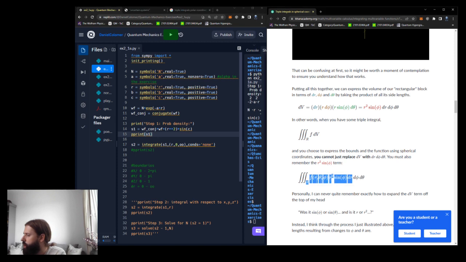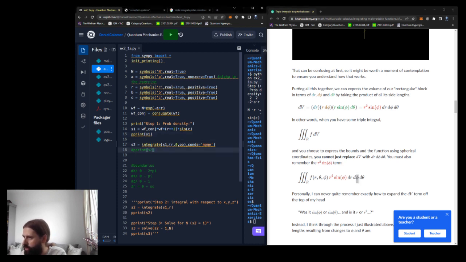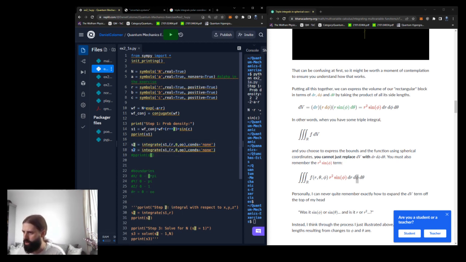Then we're doing the integration on c, which is basically essentially S3 would be S2. We integrate over C between 0 and pi.